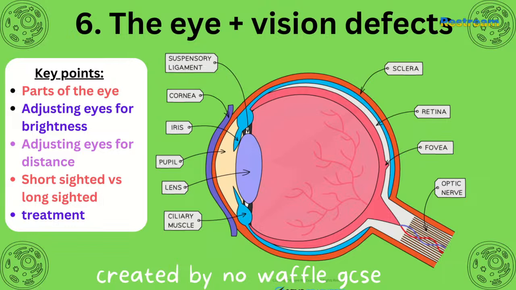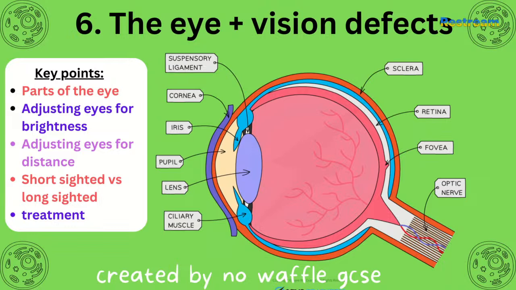Therefore, you use a convex lens, which is where the lens is curving outwards. And as the lens curves outwards, this corrects the image. The lens then refracts the light rays so that they focus on the retina, and this medical term, as I said, is hyperopia.